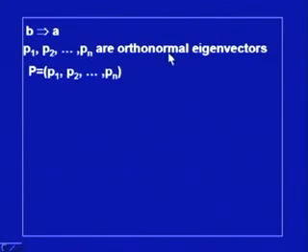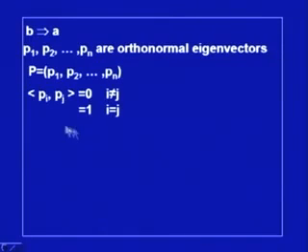For this, let us consider P as the set of column vectors P1, P2, Pn, and these are orthonormal eigenvectors of the matrix A. That means the inner product of Pi and Pj is equal to 0 when i is not equal to j, and it is 1 when i is equal to j. In fact, when we multiply the ith row with the jth column, that is nothing but the inner product.